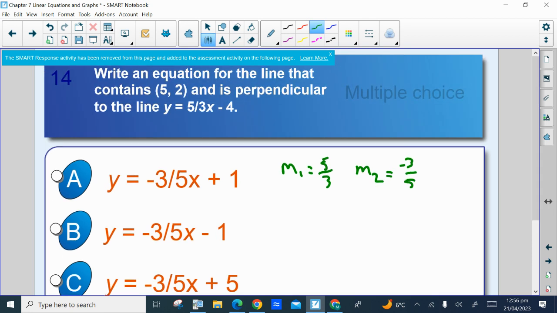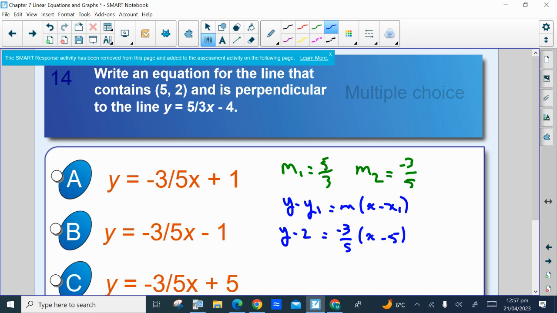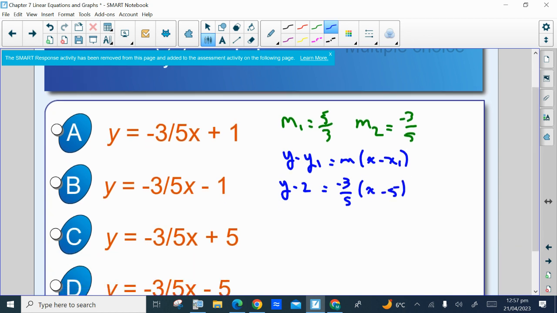Let's write the equation of our line once again using point slope. It passes through the point (5, 2). So y1 is 2, m our slope is negative 3/5, x1 is 5. So on the right, when you multiply out the bracket, you'll have negative 3/5 x.